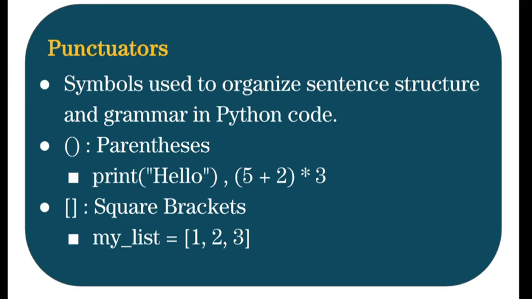Here, for example, my list equals square brackets 1, 2, 3. It denotes that 1, 2, 3 are the items in a list.